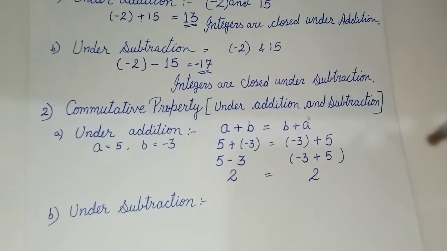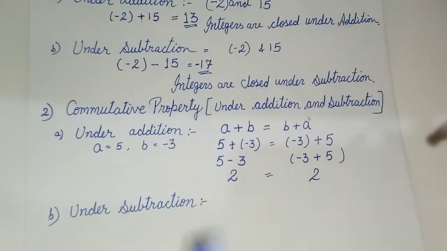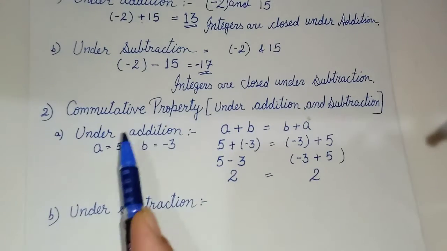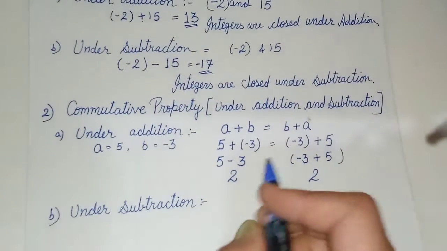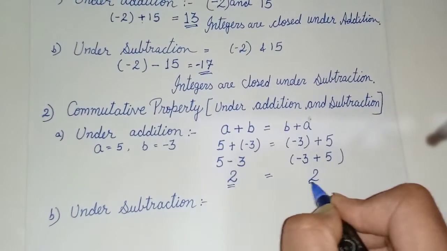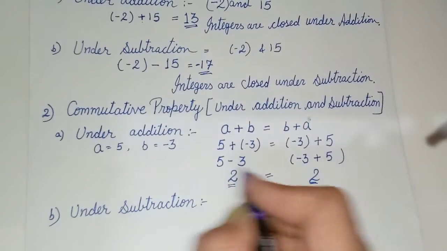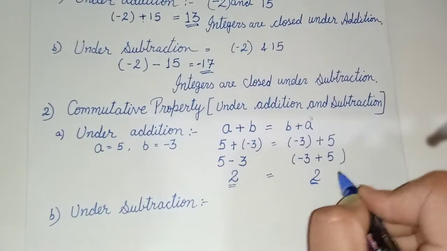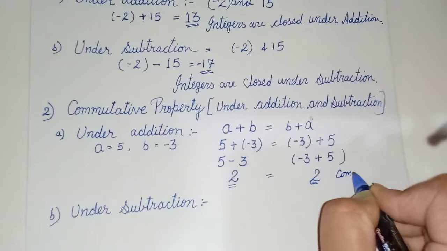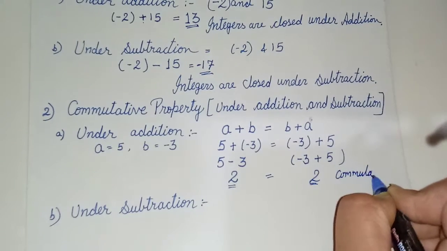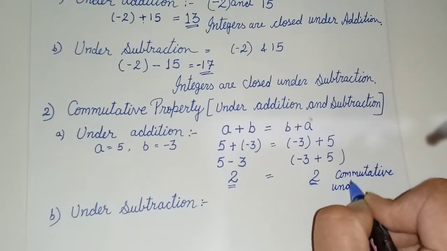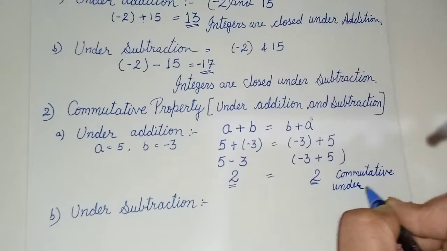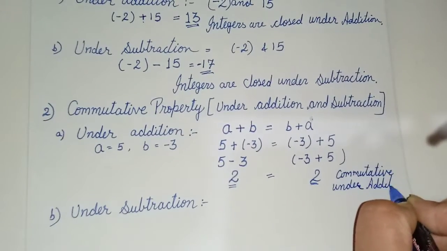In both the conditions we got the same answer. That means integers can be added in any order. So integers are commutative under addition.